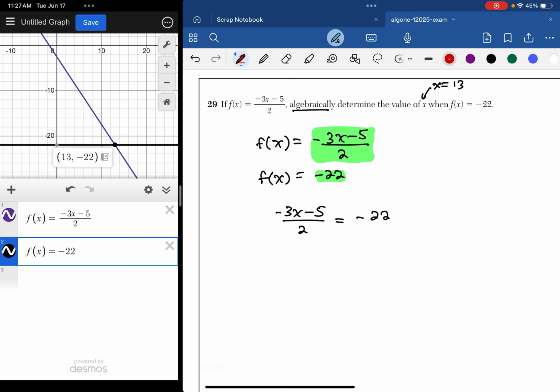I'm going to multiply both sides by 2 because I want to get rid of that fraction. Wipes out the 2 over here, so I'm left with negative 3x minus 5. And on the right-hand side, negative 44. I'm going to add 5. It's going to get me to a negative 39.